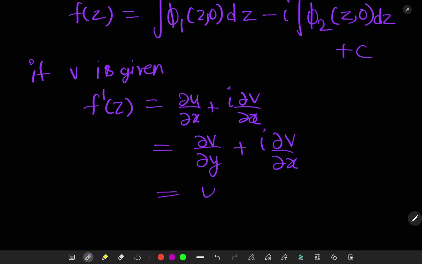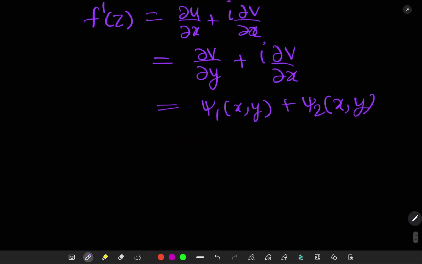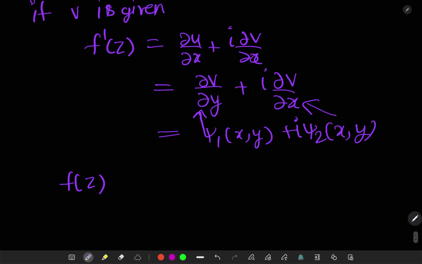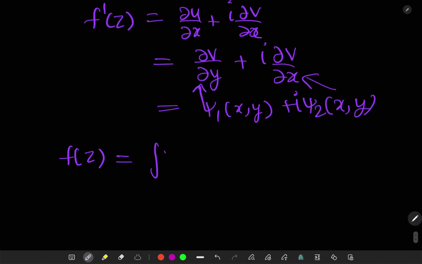And let's say this is psi 1 function of x comma y plus psi 2 function of x comma y. Here psi 1 is this value and psi 2 this value, and iota also is there. So now we can integrate both sides, we get the value of f(z). And also here we put x equals to z and y equals to 0.